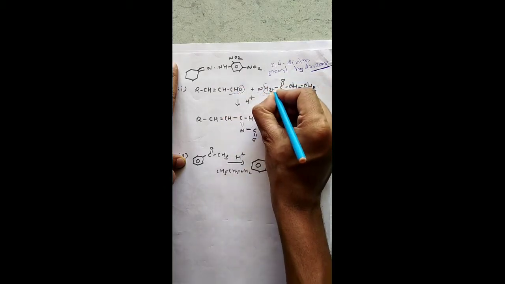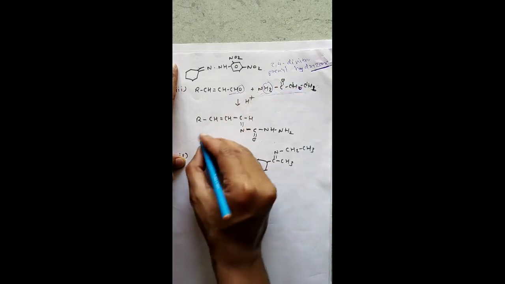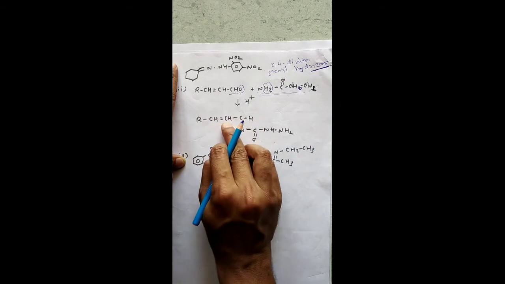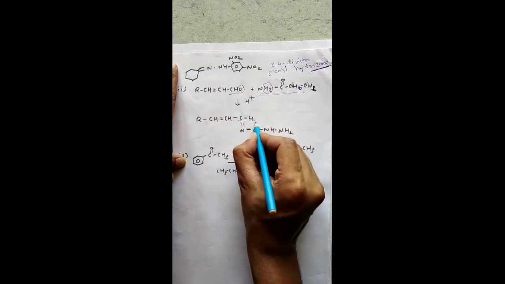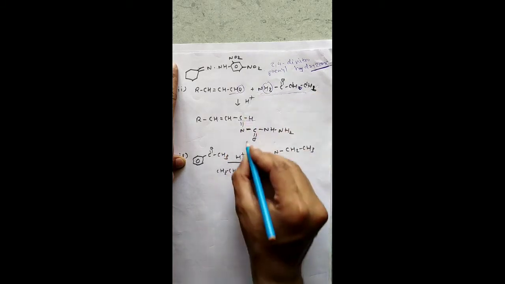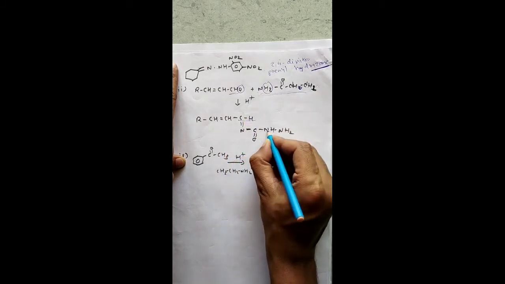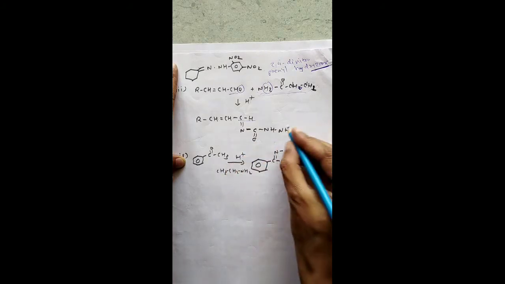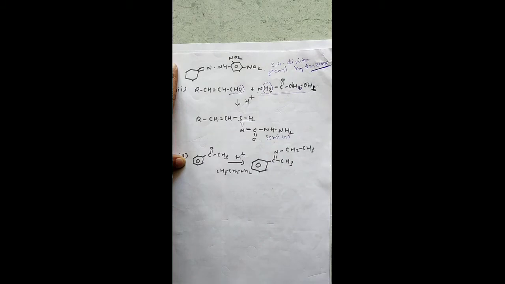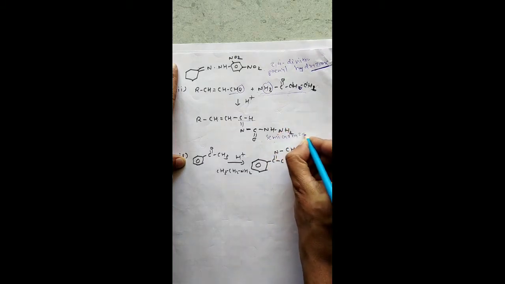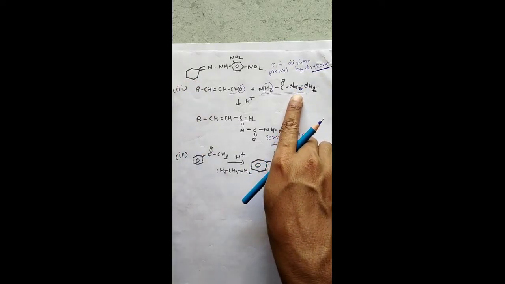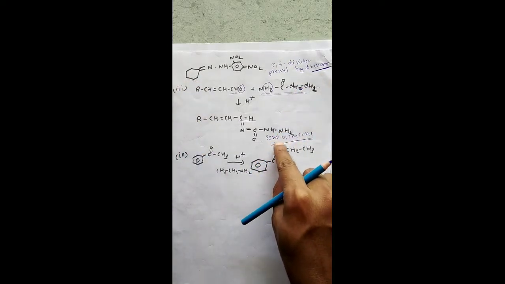Oxygen and H2, remove that. So we will get RCH double bond CH, that is as such. Then CH. You can see CH is there. Instead of this oxygen we have to attach this whole molecule. So N, CO NH NH2. This is called semicarbazone. The starting material is semicarbazide and the product is semicarbazone.